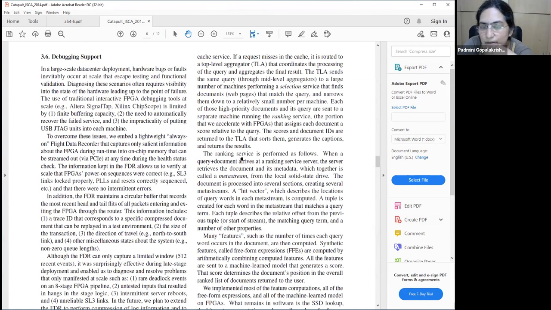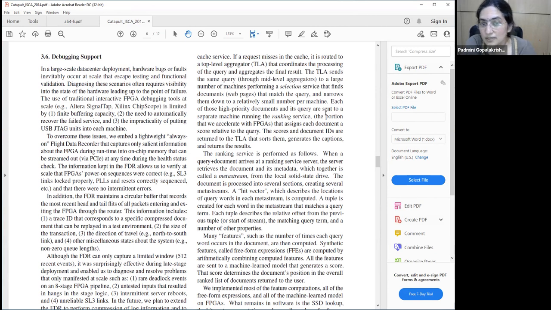If you get a miss, they have an aggregator which coordinates, takes this query, does a search, and then comes back and aggregates. This query is sent to a large number of machines, and each machine has the job of finding a document or a web page that matches, and then you prioritize and figure out which one has the highest score, and then get it back so you can display the results of the search.